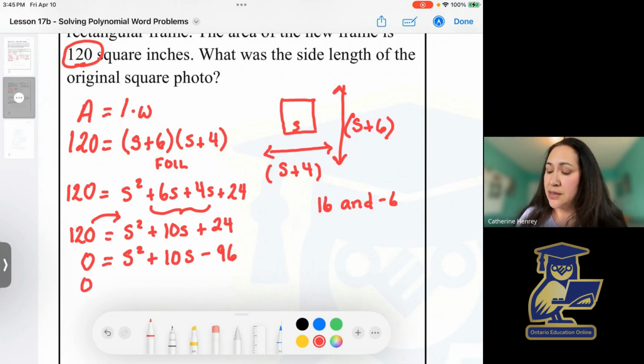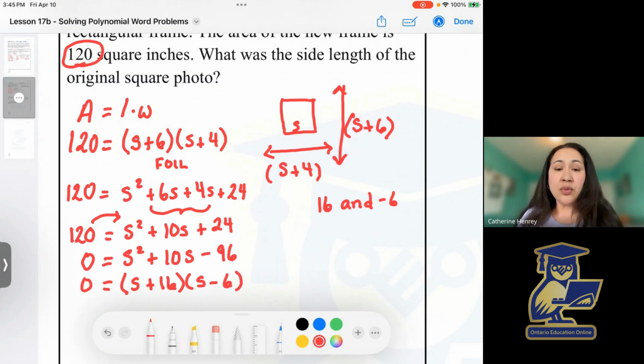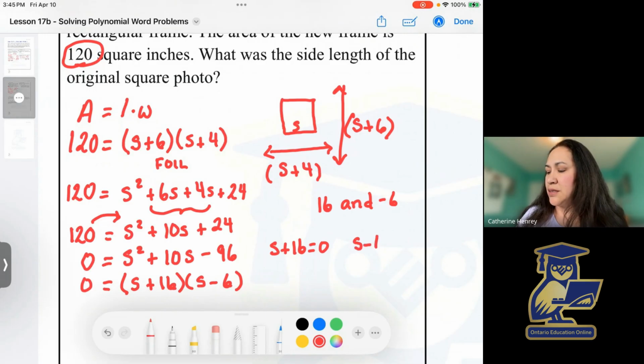We write this in factored form, which is S plus 16 and S minus 6. Our zero product property allows us to take each factor, S plus 16, set it equal to 0, and S minus 6 equal to 0.